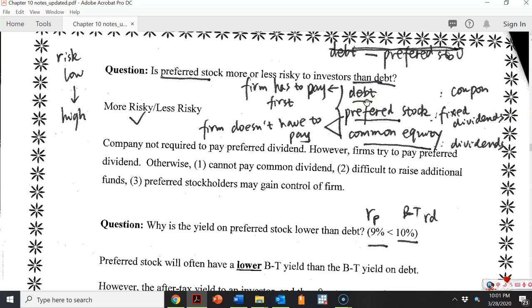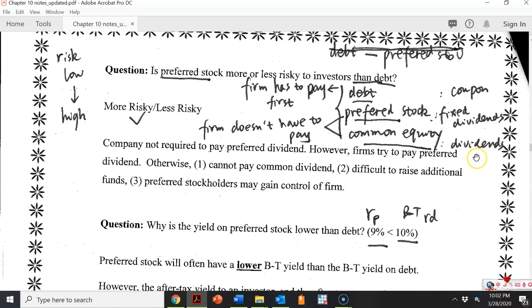But the firm does not have to pay preferred stock or common equity if it doesn't have money left after paying back the debts. And it doesn't have to go bankrupt if it doesn't pay preferred stock or common equity. For debt, the firm has to pay coupon. For preferred stock, the firm has to pay fixed dividends.